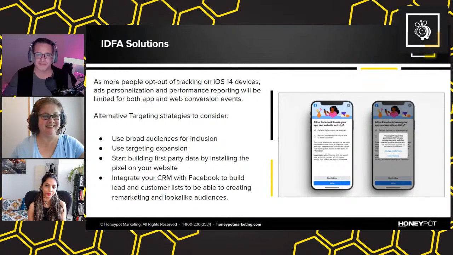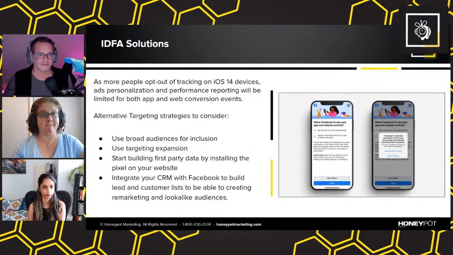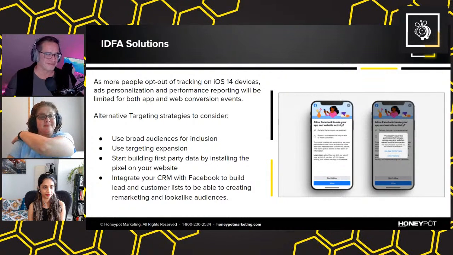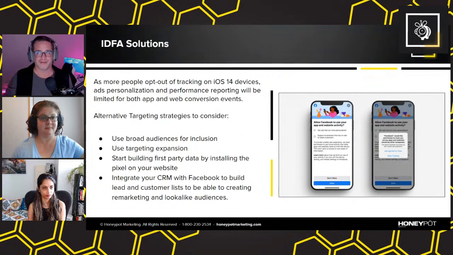So let's talk a little bit about IDFA, which is identifiers for advertisers. Now, IDFA is actually very accurate. This is the irony of this whole problem. It, in fact, adds additional tracking to mobile apps to allow for much more specific tracking. The problem is that very few people are opting in because of the way that Apple has framed the message, which is, do you want advertisers to track you?